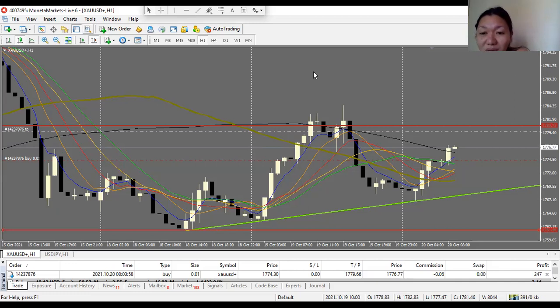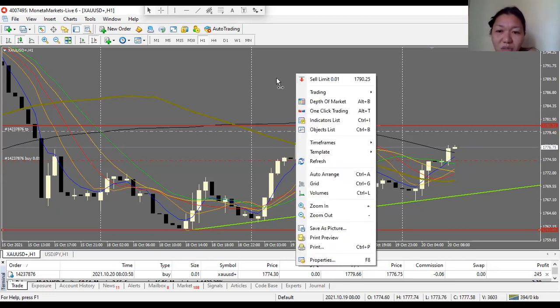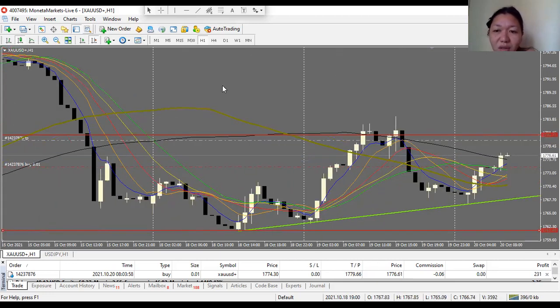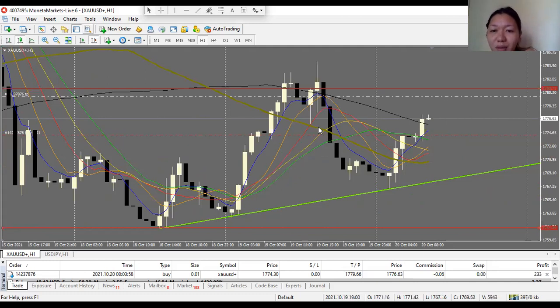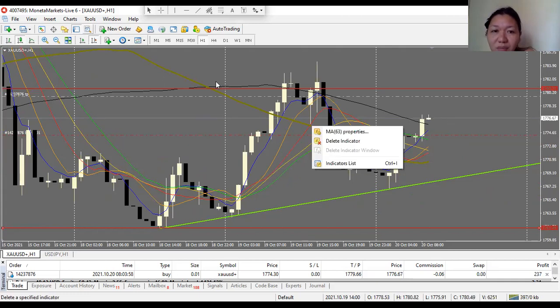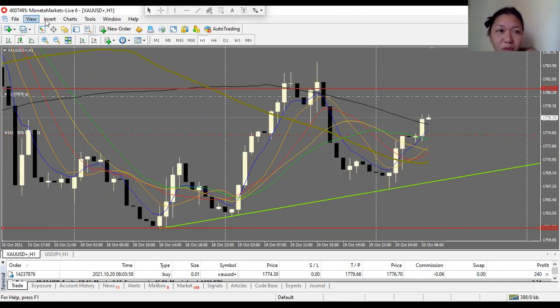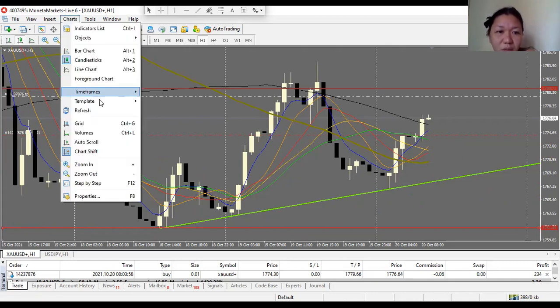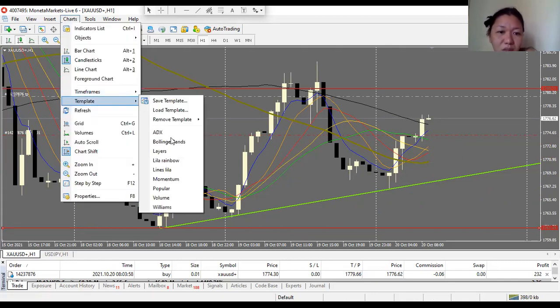I think what's more important is to identify the other more basic elements of the chart. So what I'm going to do is change this chart template. Let's see, remove the template.